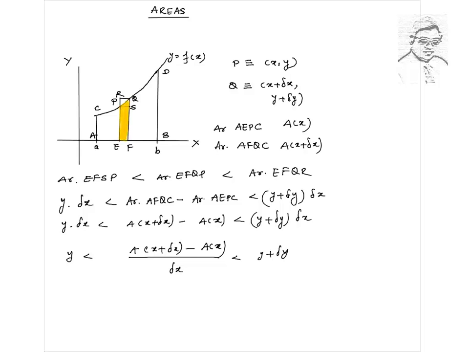When we take the limit delta x tending to 0, if delta x is tending to 0, delta y automatically is tending to 0.